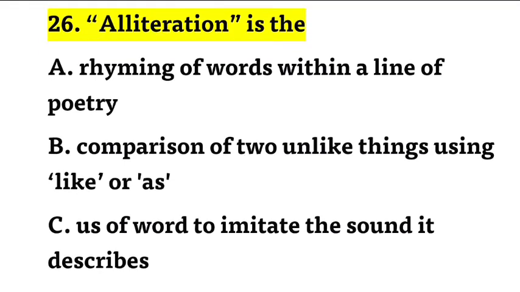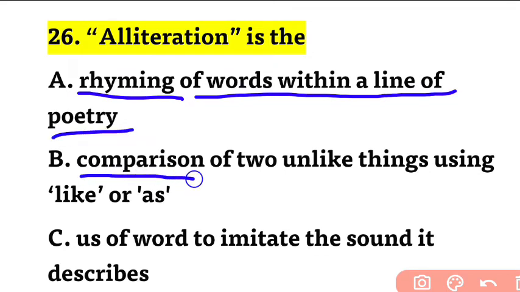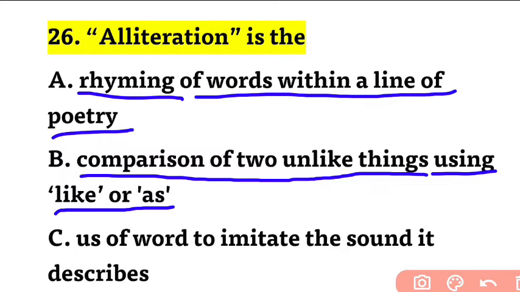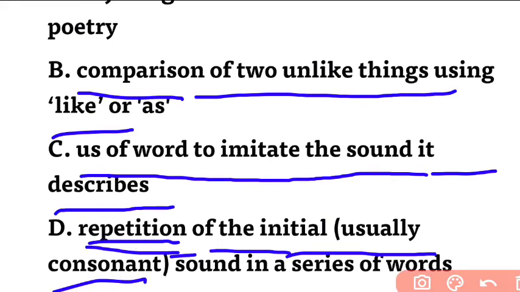Alliteration is the rhyming of words within a line of poetry, the comparison of two unlike things using like or as, the use of words to imitate the sound they describe, or the repetition of the initial, usually consonant, sound in a series of words.